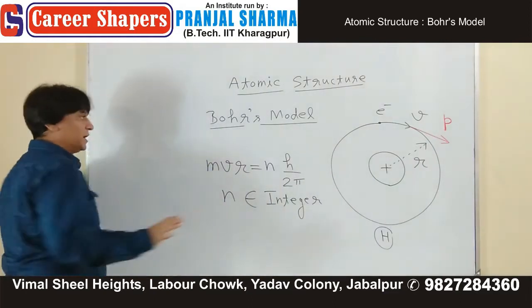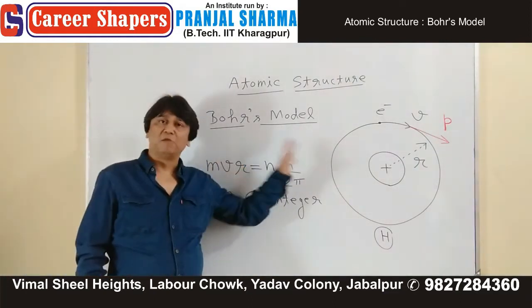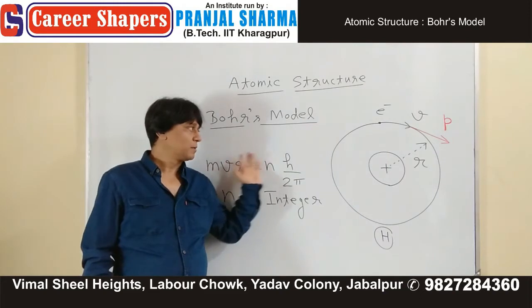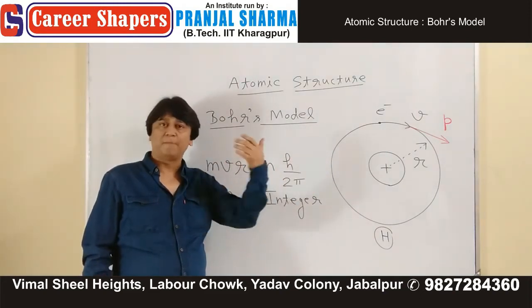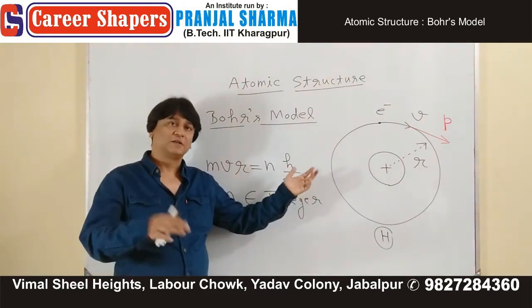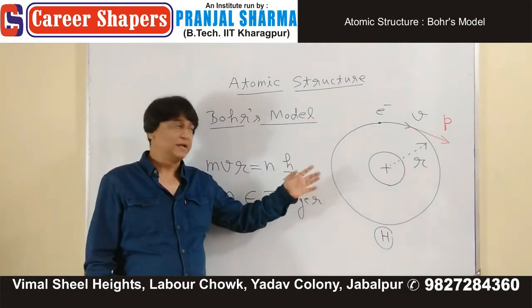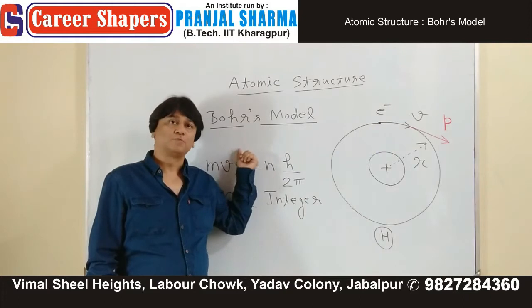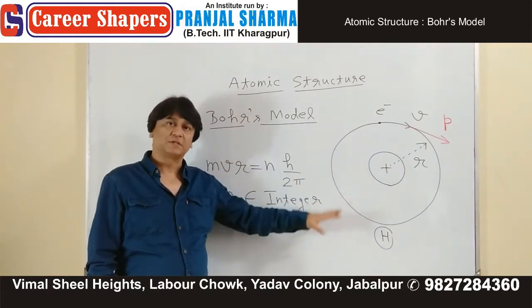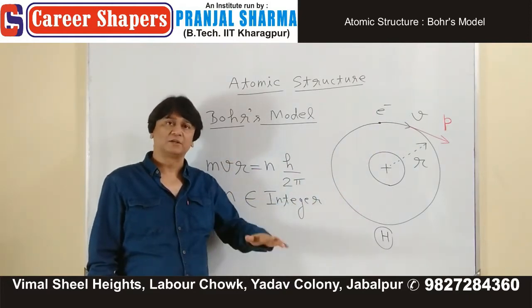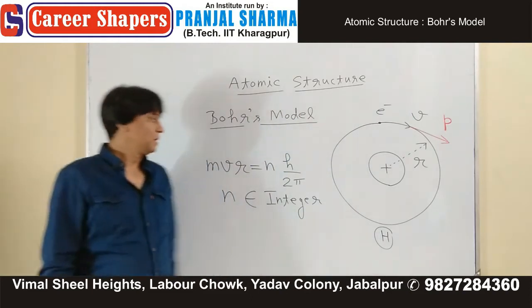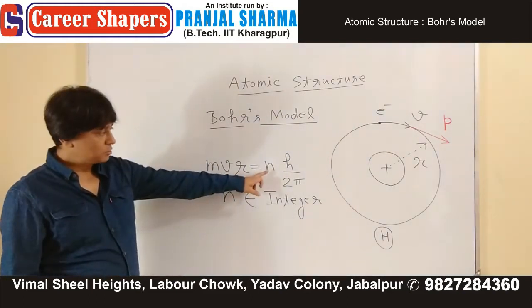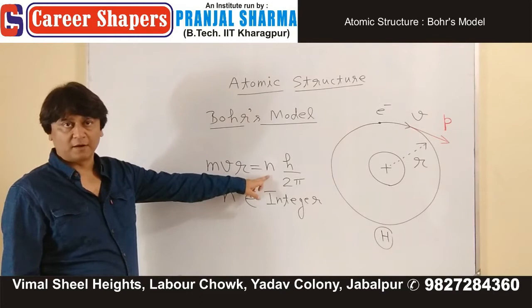We are basically in elementary territory, something which everybody from class 11th and 12th can understand easily. That is what Bohr's model is: very easy to understand, and it gives you a base for quantization, which also appears in the form of n over here.